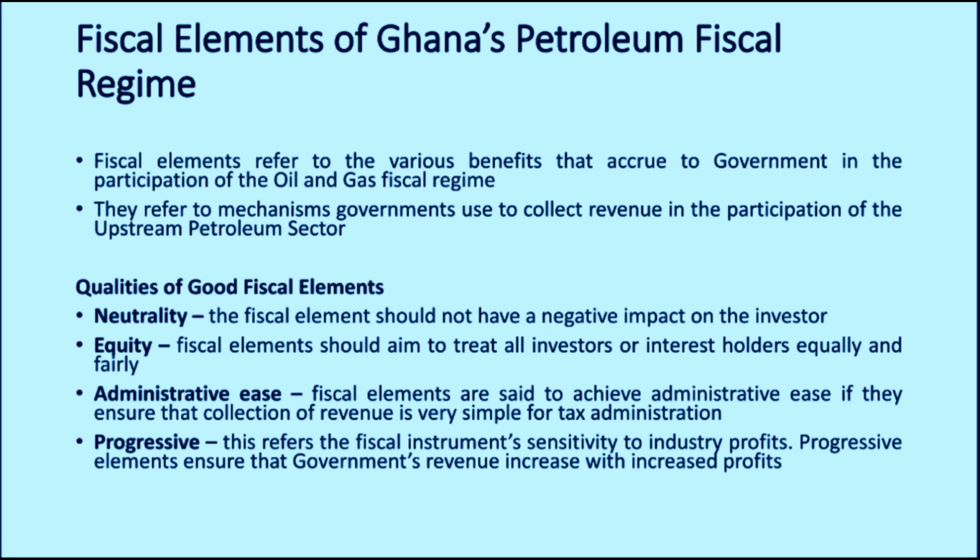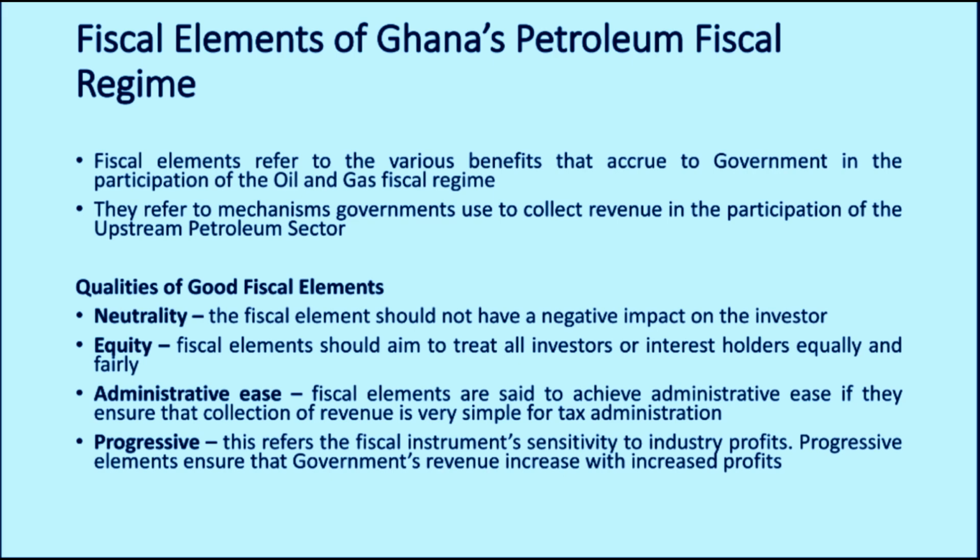So every fiscal element has to have some characteristics or qualities or features. And these include, one, neutrality: the fiscal element should not have a negative impact on the investor. And two, we have equity: the fiscal element should also aim to treat all investors or interest holders equitably and fairly.